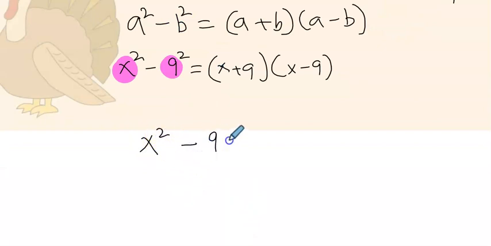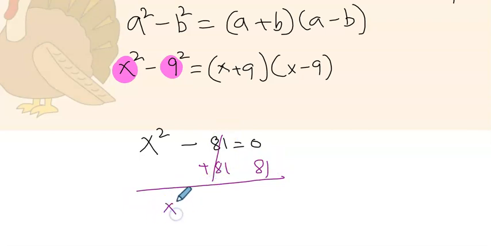x square minus, what was that, 81, sorry. x square minus 81 is equal to 0. Isolate x square, so add 81 on both sides, cancels out 81 on the left side, giving you x square is equal to 81.